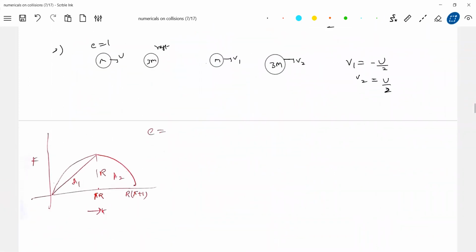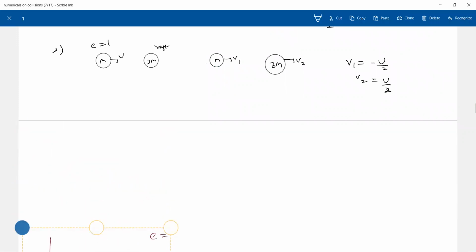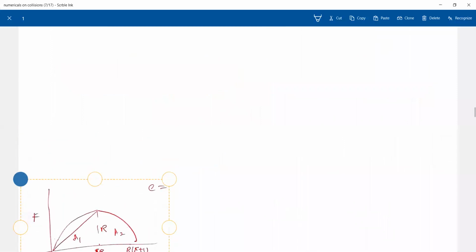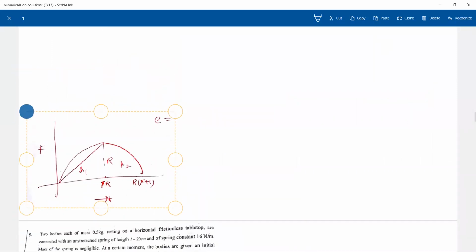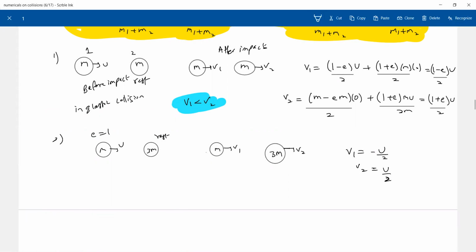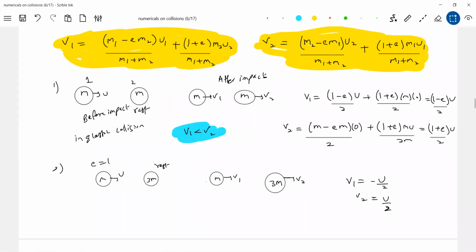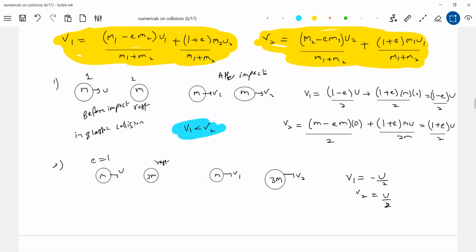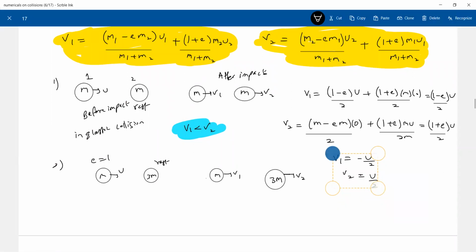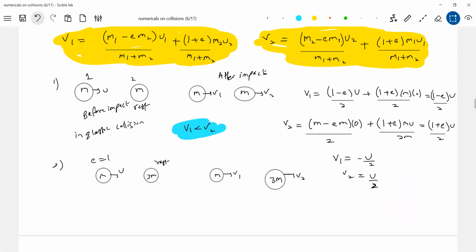I'll come to this later on. So that formula is something where you can do analysis very easily. Let's take another situation. Third one.